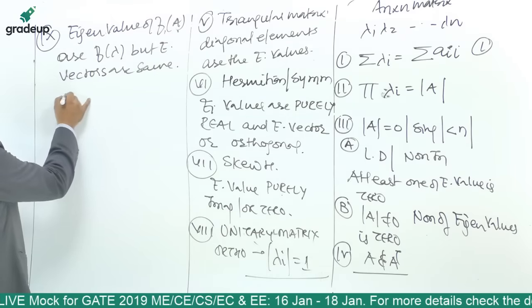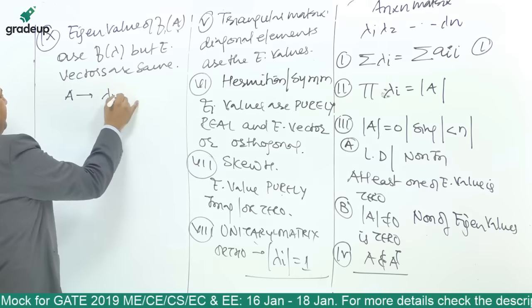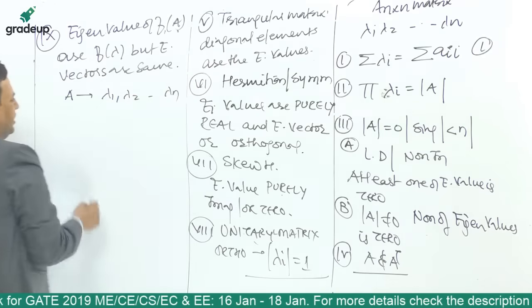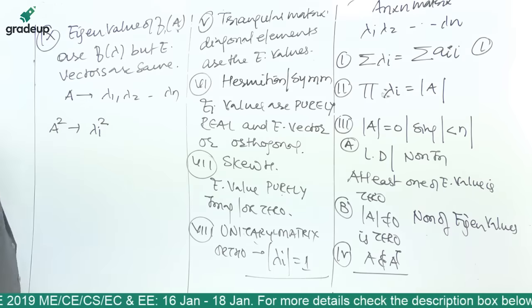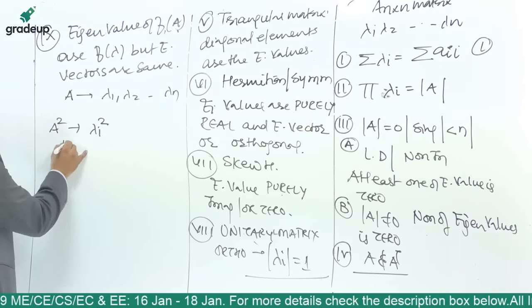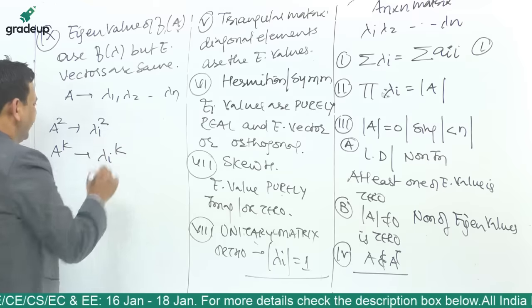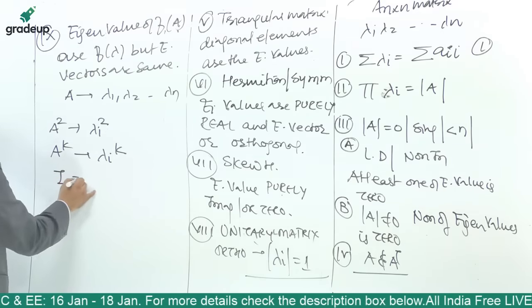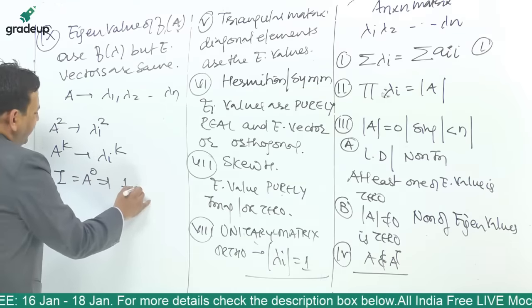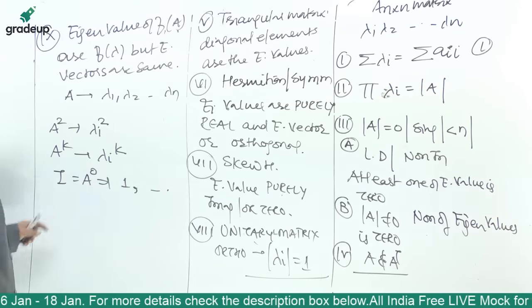Suppose the eigenvalues of A are lambda 1, lambda 2, lambda n. So for A square, it would be lambda I square. If I say A raised to power k, then lambda I raised to power k. If I say I, that is A power 0, so 1 is the only eigenvalue for the identity matrix.